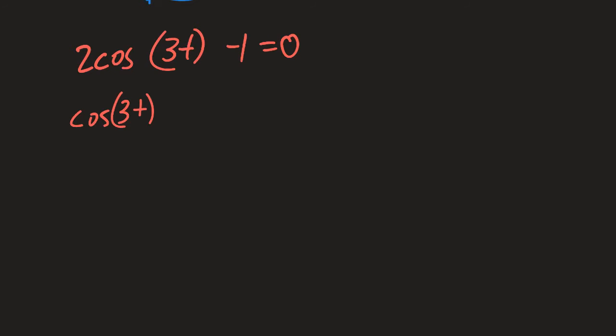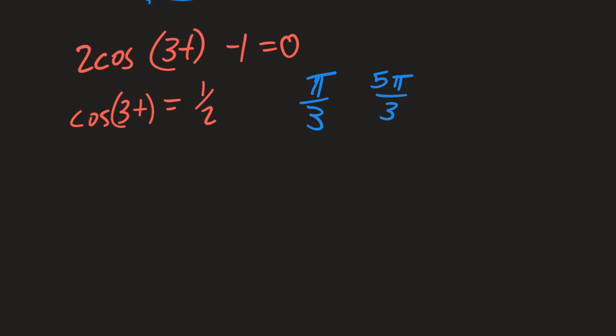We were at the point where we solved this 2 cosine 3t minus 1 equals 0. And when we solved this, we got cosine 3t equals 1/2. And the first 2 solutions that I knew were pi over 3 and 5 pi over 3.